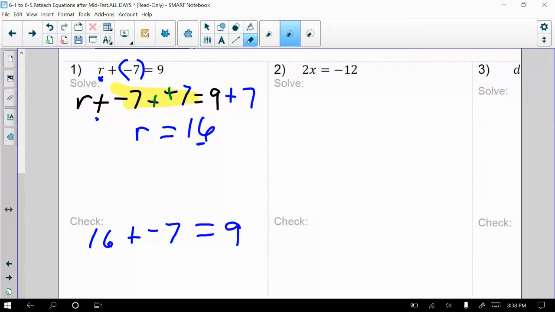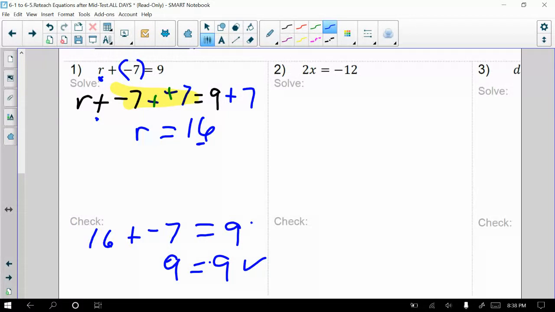If you have to, go back old school and use a number line. If we had 16 and took 7 hops backwards, we ended up at 9. A lot of students are stopping at the very first part of the equation. You have to finish it off. You have to do the whole thing.